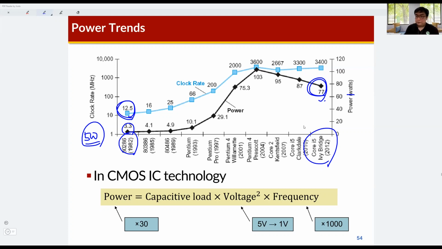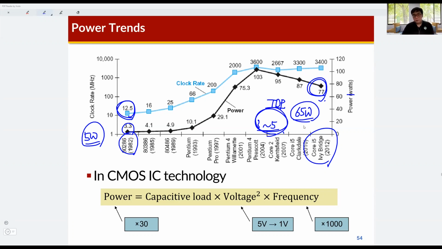Recently, Intel sets a TDP, the typical power consumption level of the CPU. Intel usually sets the TDP at 65 watts, and the clock frequency is about 3 to 5 gigahertz.